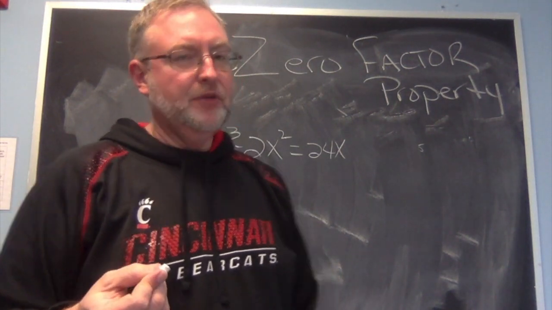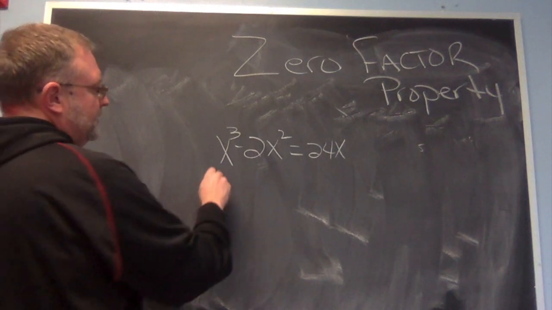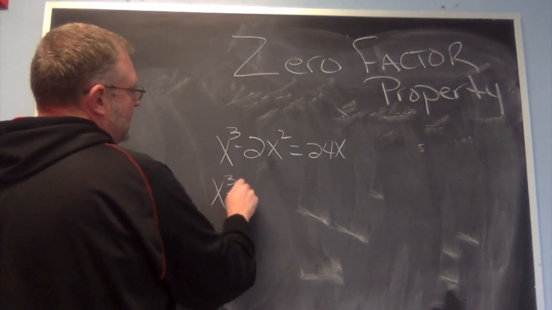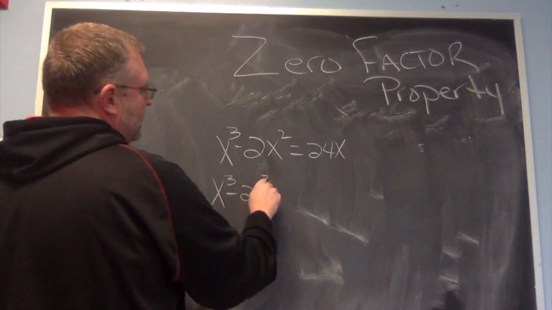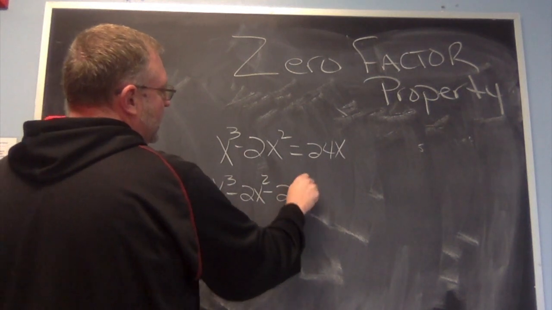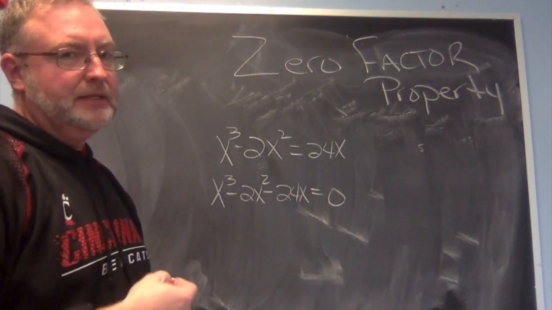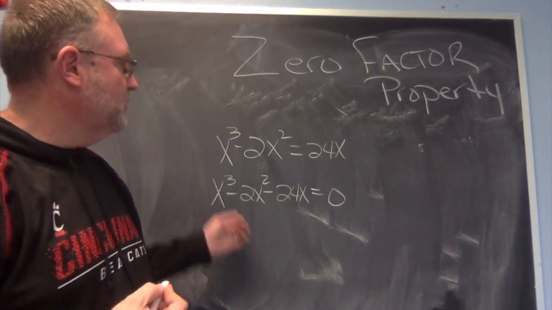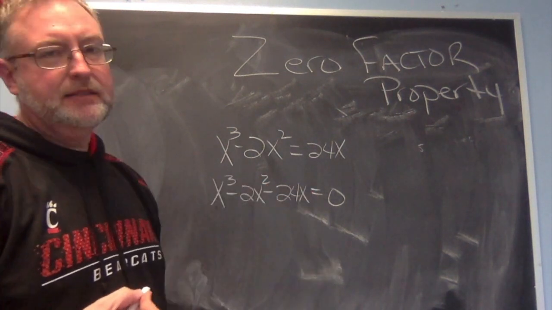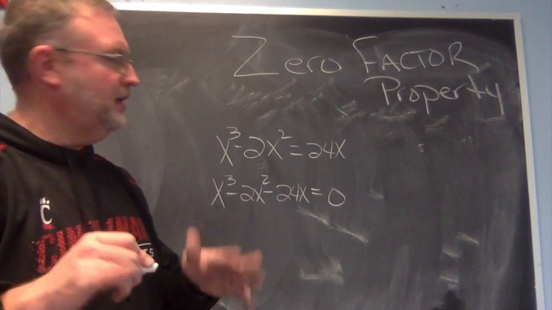And so I'm going to bring that 24x over here. So I have x cubed minus 2x squared minus 24x equals 0. All right. Now it's in my standardized form, where it's cubed, squared, x. See, you don't have a number.